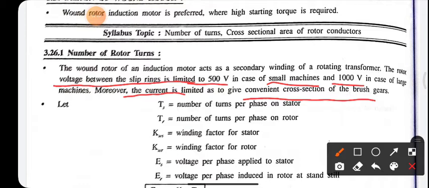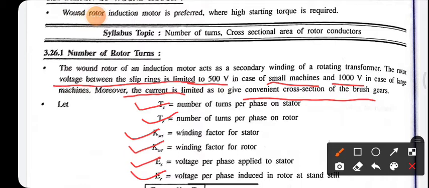Now here TS is the number of turns per phase on stator, TR is the number of turns per phase on rotor, KWS is the winding factor for stator, KWR is the winding factor for rotor, ES is the voltage per phase applied to the stator, and ER is the voltage per phase induced in the rotor.